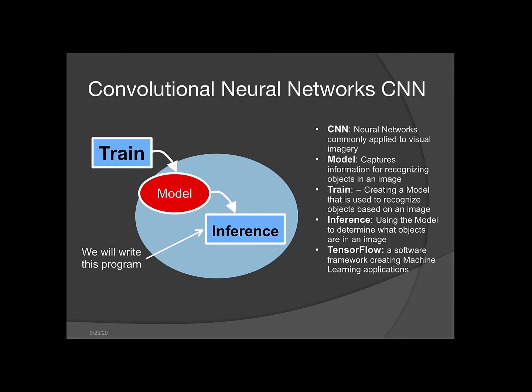The trainer is the part that creates this file, the model file, and the inference engine then is the software that uses that file to recognize an object given an image of that object. Then TensorFlow is simply a software framework that is used to program an application that can recognize an object.